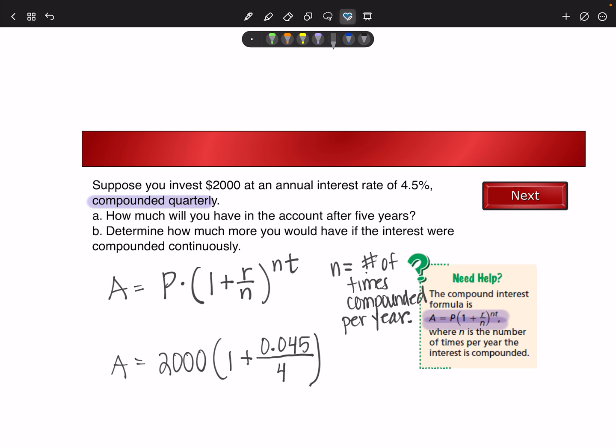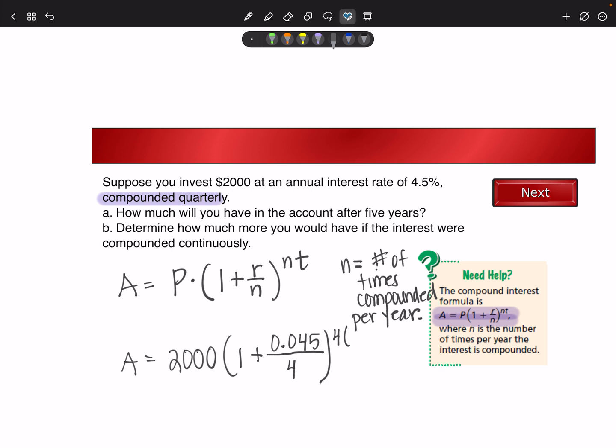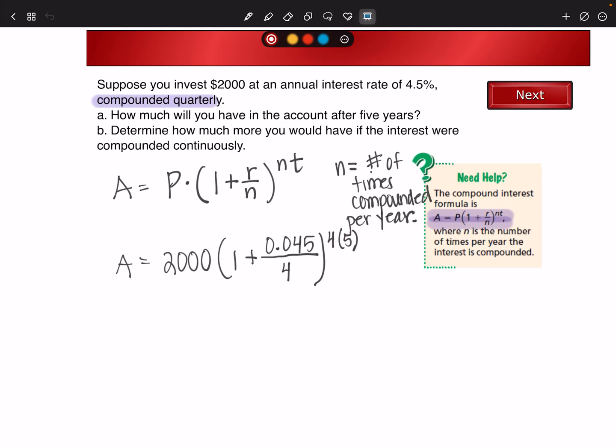We're going to pay that out 4 times per year, so that's going to get divided by 4. And then it's 4 times however many years, and the number of years would be 5. So if they look at your account 4 times each year, and you keep the money in your account for 5 years, that means that they will be evaluating your account and paying you interest 20 times.